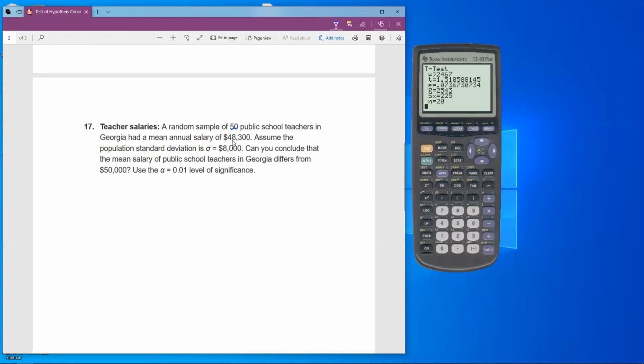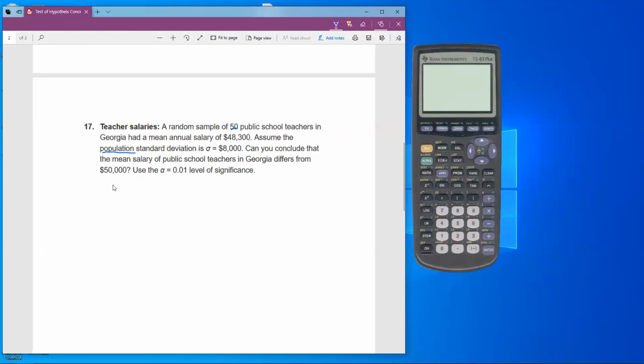So they gave me the average for the sample, but they didn't say anything about the standard deviation. Now that doesn't mean anything specifically because they could have stuck it in another sentence. But they say assume the population standard deviation is this. Okay, so they're telling me, hey, this is sigma, all right?